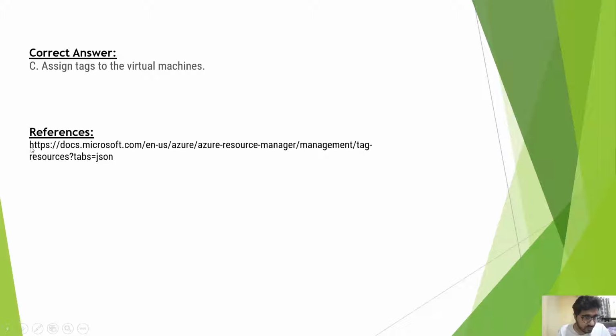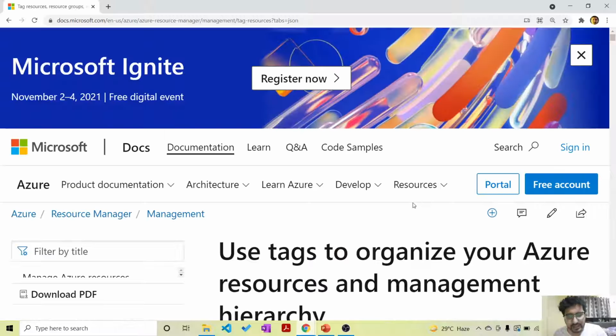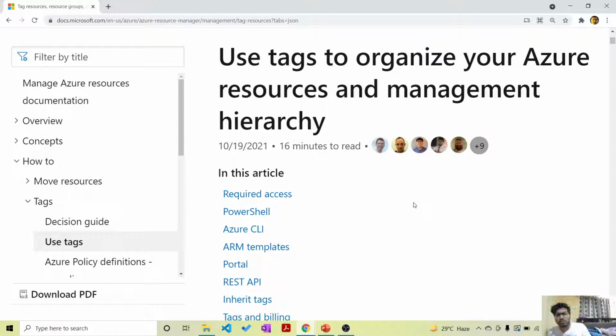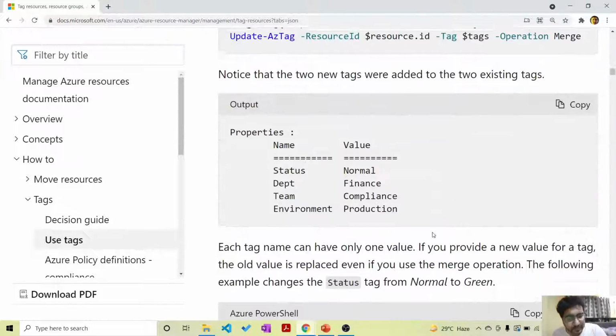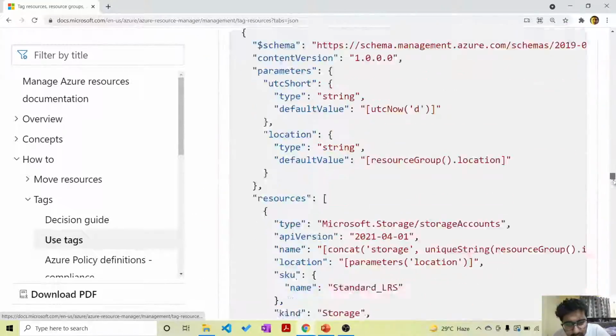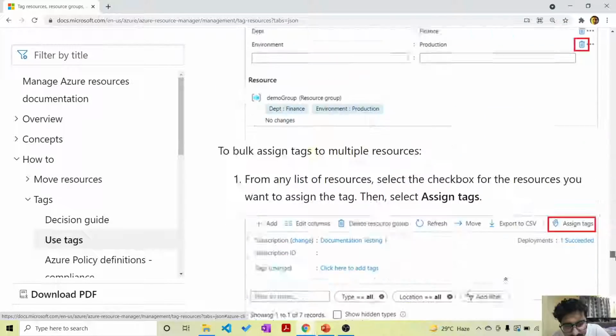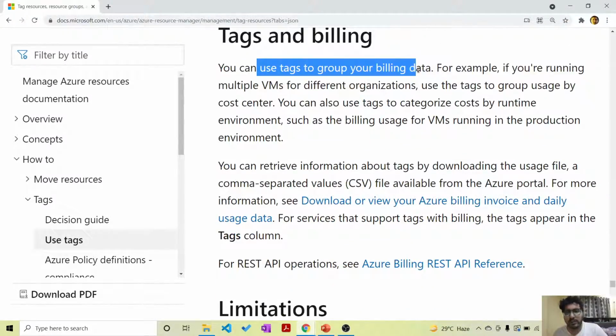Here I have specified a reference also. If you go to this reference, it is very simple. It shows you how to add, remove, and update tags and at which levels you can do it. You can do it at a resource level, at a resource group level, and also at a subscription level. Below that, there is one part which might be interesting for this question: you can use tags to group your billing data.